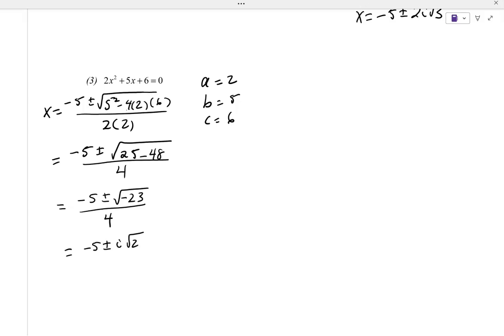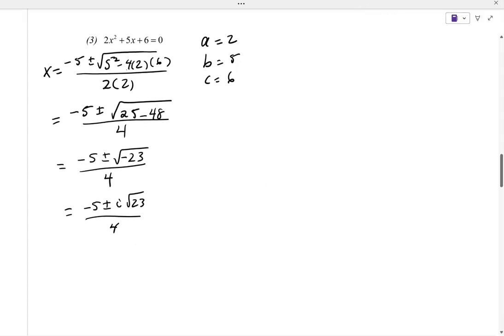Okay. Now, as far as I'm concerned, this is a perfectly good way to leave this problem. Now, on Hawks, again, Hawks likes you to write things in standard form, right? If you're going to write this in standard form, I'm going to write it down and then we'll talk about it.